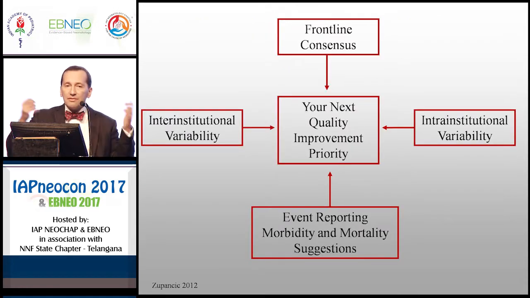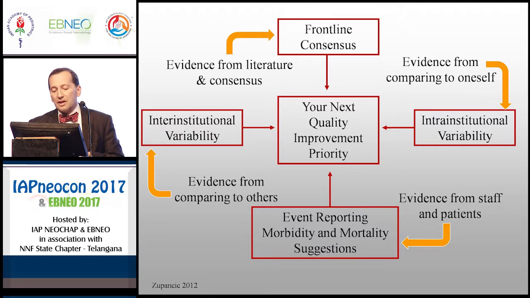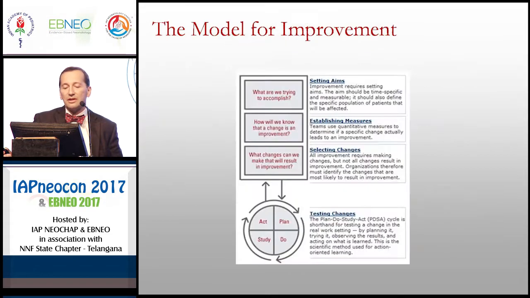So we've seen several different approaches that are driven essentially by evidence from literature, as I just described, Choosing Wisely, evidence from interinstitutional variability and comparing yourself to others, evidence from a change in your institution over time, comparing to yourself, and evidence from staff and patients, the old-fashioned approach, but probably the one that has the best sense of what's going on in your unit.